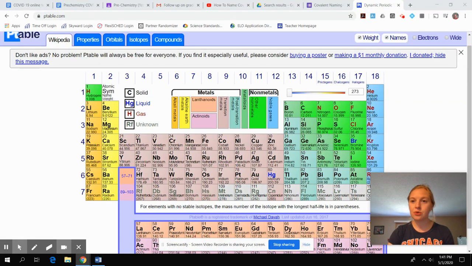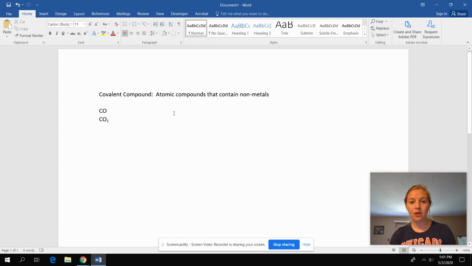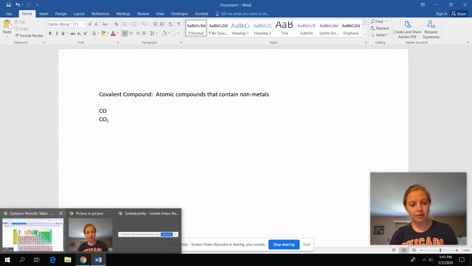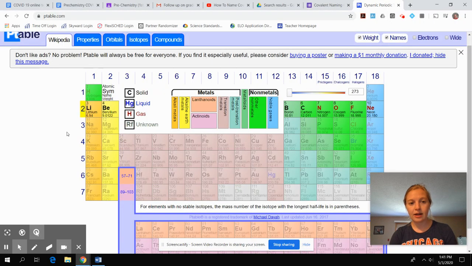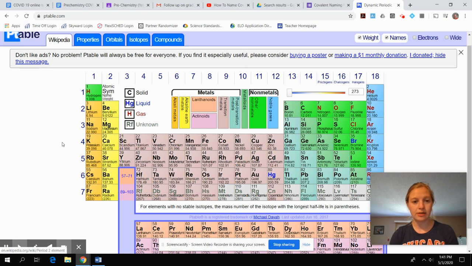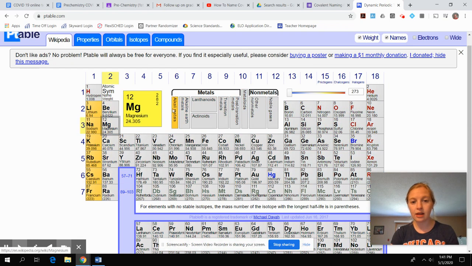Today I want to talk to you about naming covalent compounds. Covalent compounds are atomic compounds that contain nonmetals. You'll remember that we were talking about the different parts of the periodic table, and on this lovely periodic table online, there's a little key here that tells you what's a metal and what's a nonmetal.